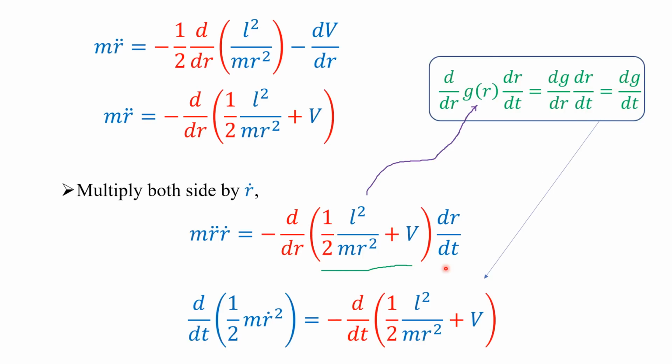So this bracket term automatically comes. This minus d by dr, dr by dt is equal to d by dt, from basic mathematics. So minus d by dt, I have taken this bracket term, that is half L squared over m r squared plus v.